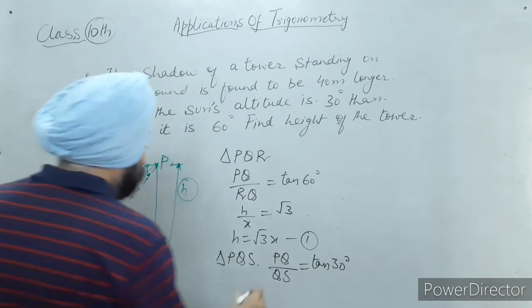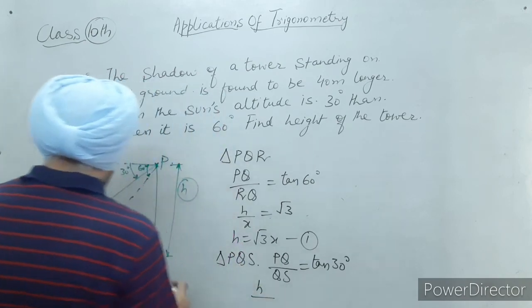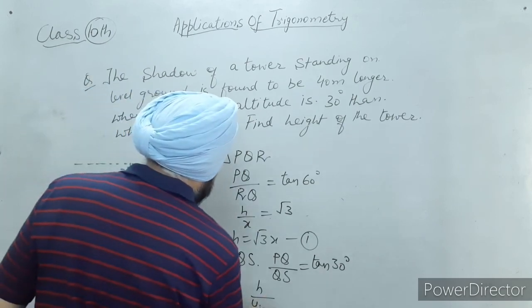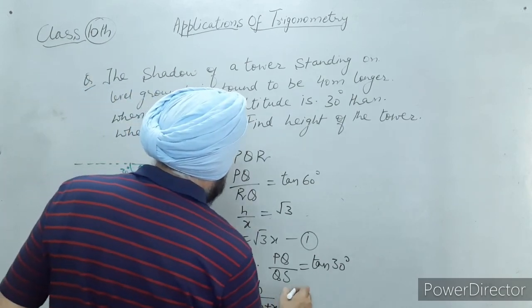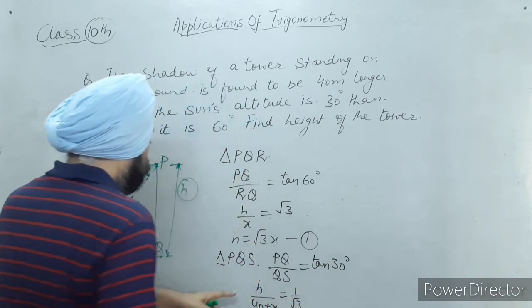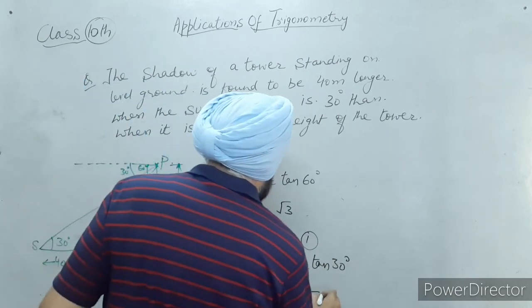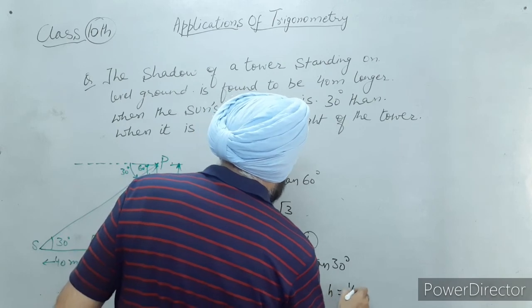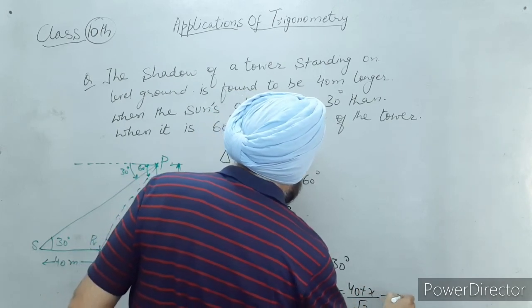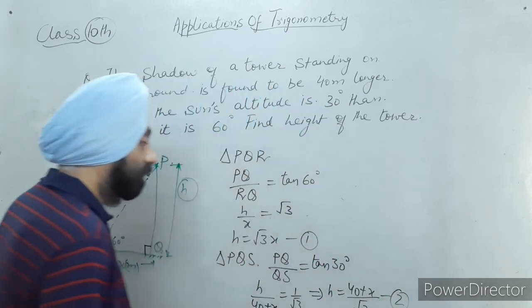Now PQ is H, QS is x plus 40 or 40 plus x, equals tan of 30 degree, 1 by under root 3. From here I can get H equals 40 plus x upon under root 3. This is my second equation.